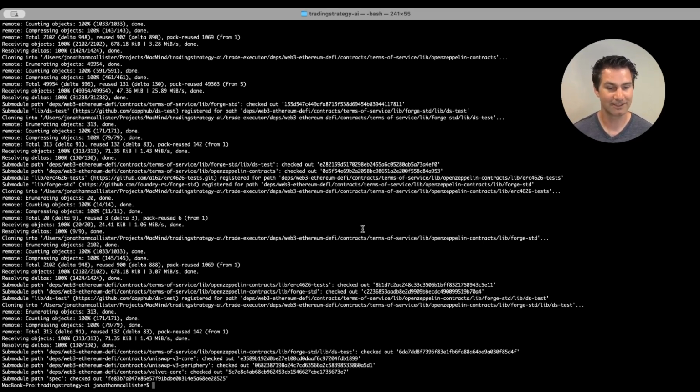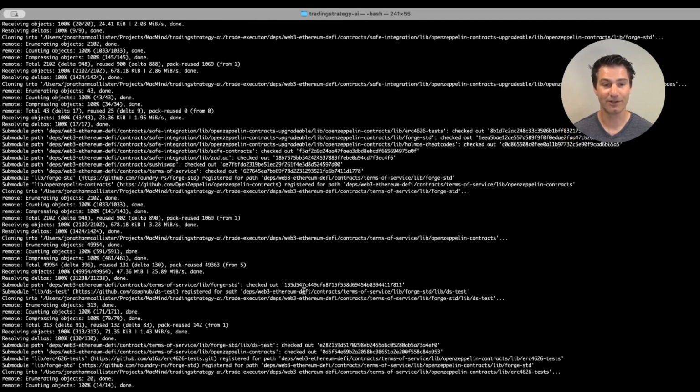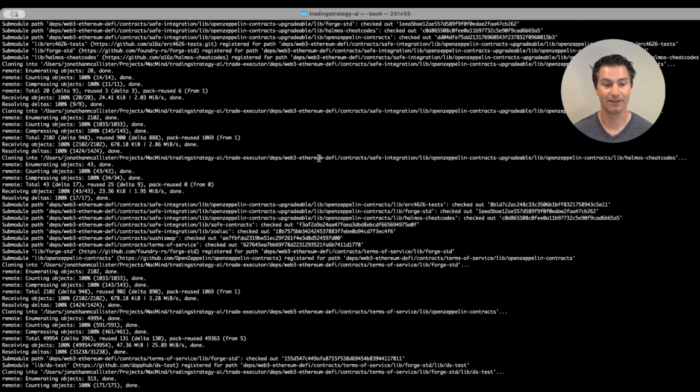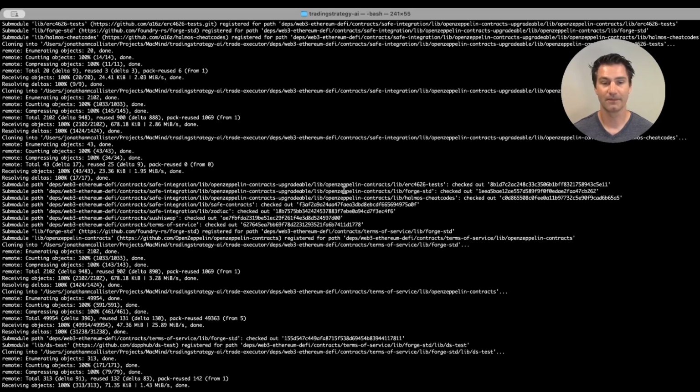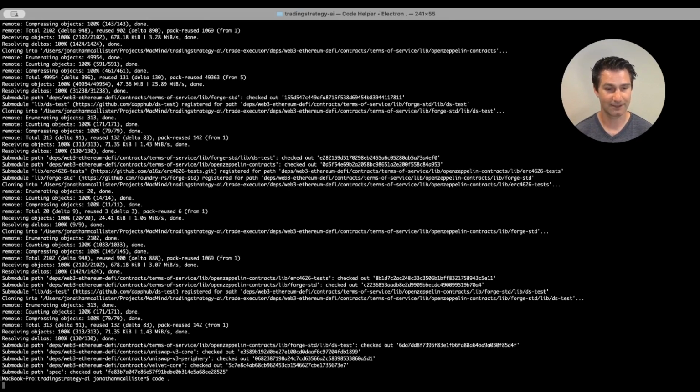But we do see some references along the way, Open Zeppelin contracts, for example, and some other familiar names, Web3, Ethereum, DeFi, okay? And so that's giving me a little bit of confidence that this is in fact legitimate. So that's good. So let's go ahead and open up VS Code next.